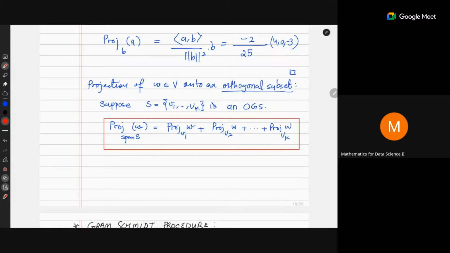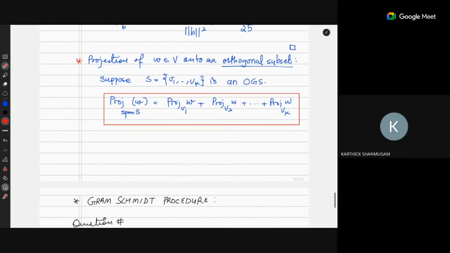So this is called the projection of W onto a subspace. Here we are taking one vector and projecting it onto the whole spanning set of the orthogonal subset. This is how it is defined.